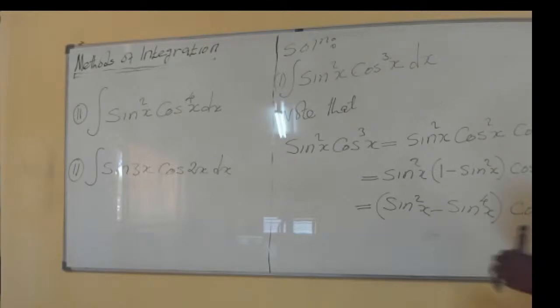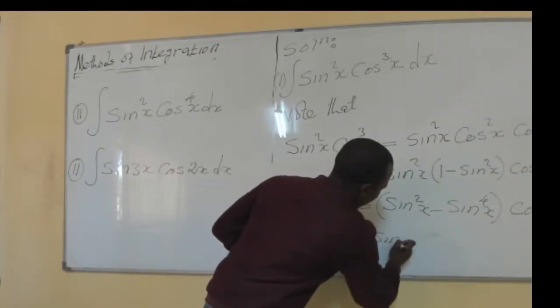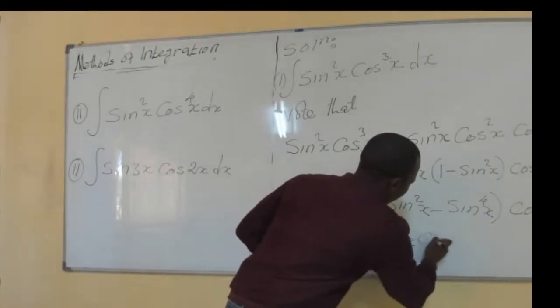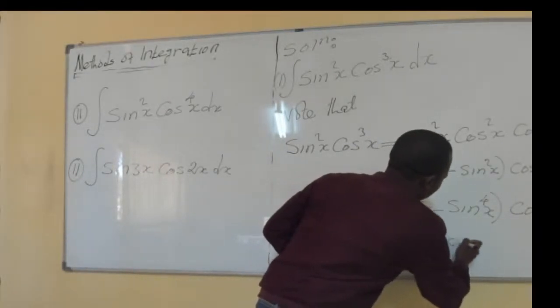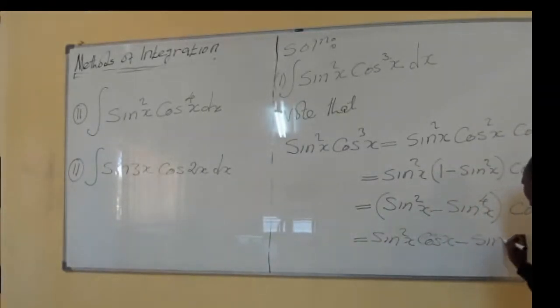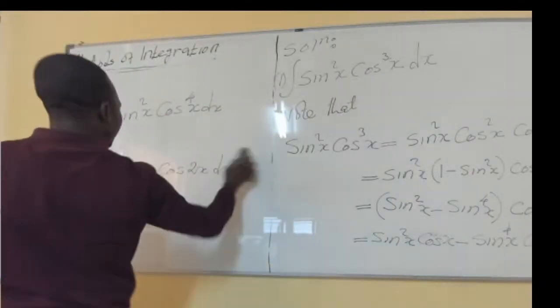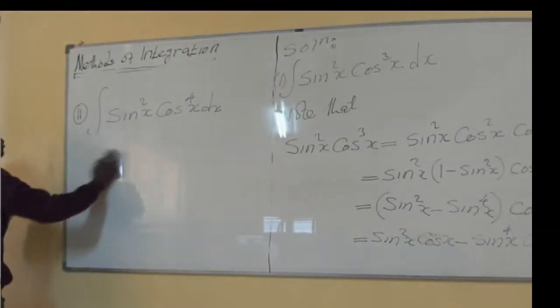If we continue expanding, what you're going to get is sine squared of x times the cosine of x minus sine power 4 of x times the cosine of x. Now, after you rewrite everything like that, then you are home and dry.